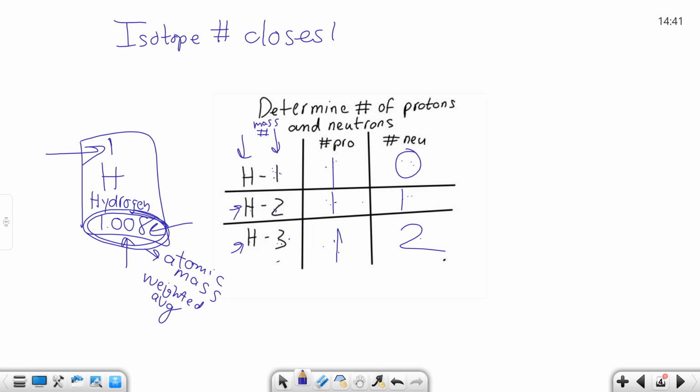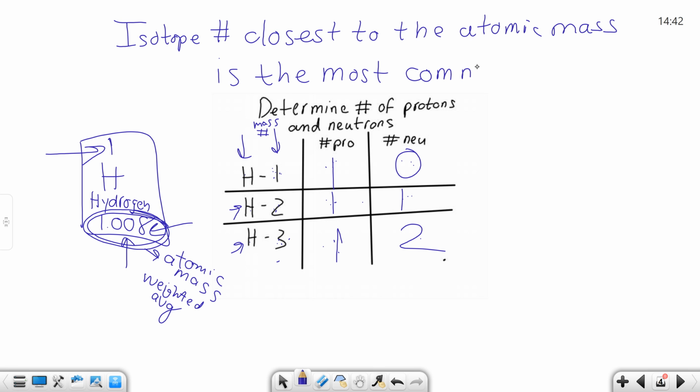So the isotope number closest to the atomic mass is the most common isotope, or sometimes they use the word abundant.